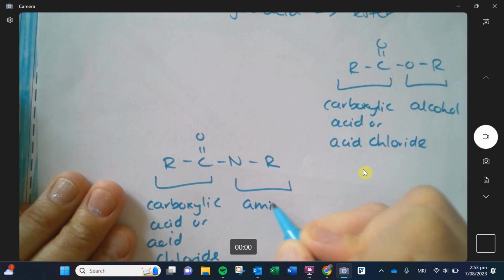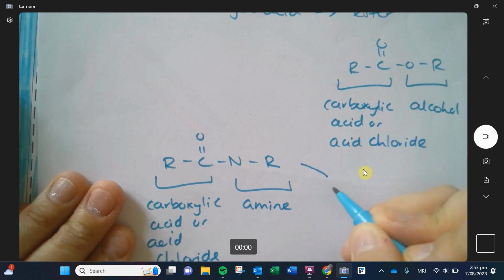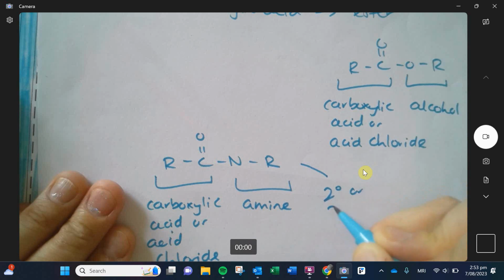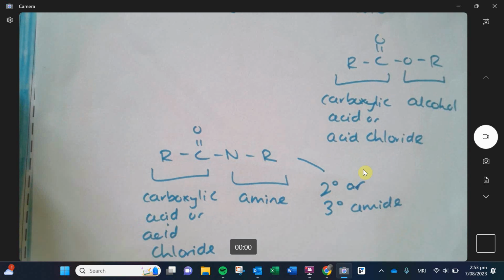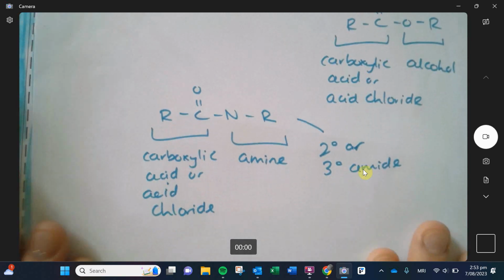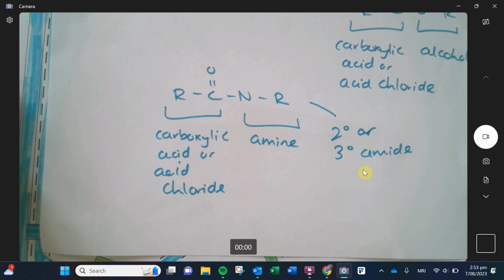And that's coming from an amine, and that makes your secondary or tertiary amide. But those are very unlikely to come up on the exam. Just in case it does, because I do see it happen every so often. Just want to point it out to you guys.